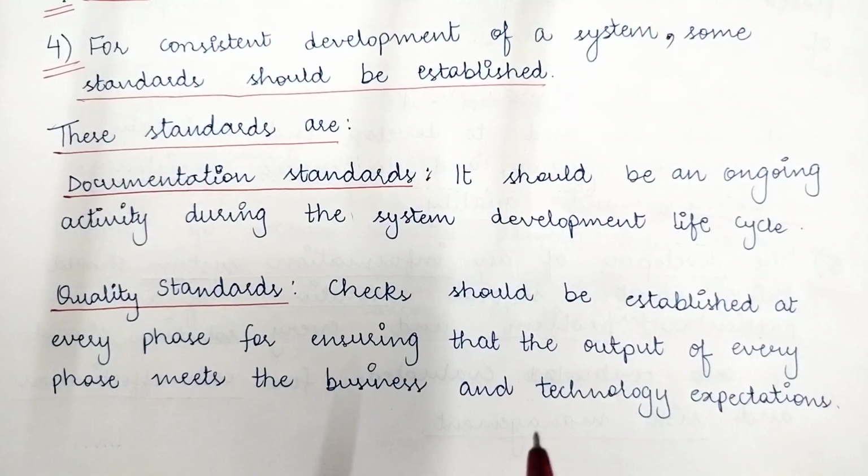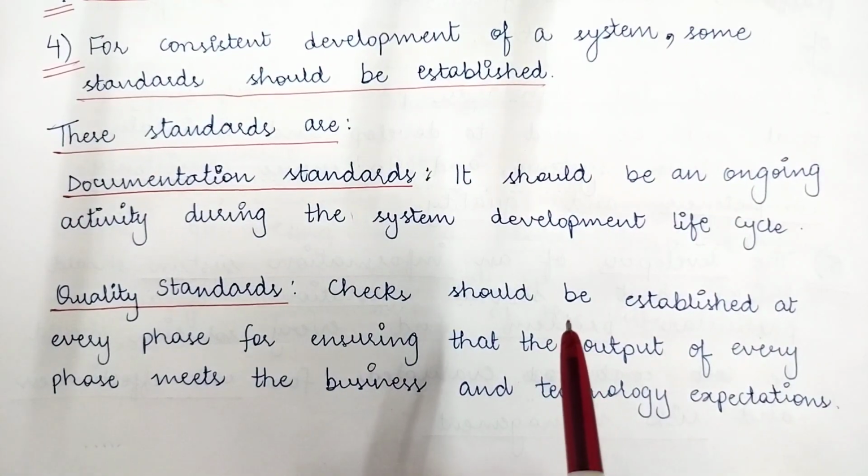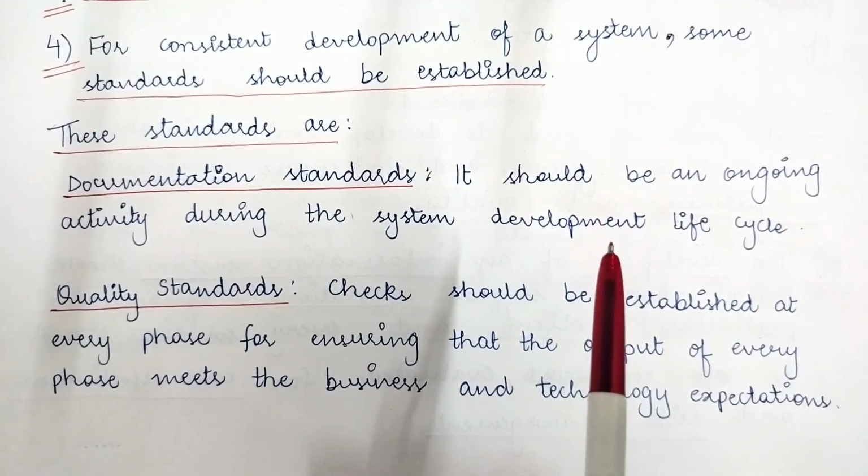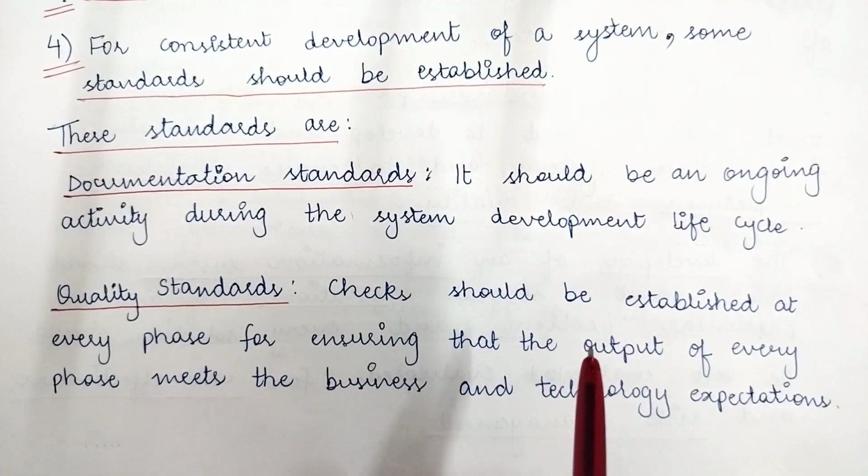You know, the output of one phase acts as the input of another phase. So basically each phase is interdependent upon another. If you feed a wrong or inaccurate or inconsistent input to the following phase, then the overall result will not be good.